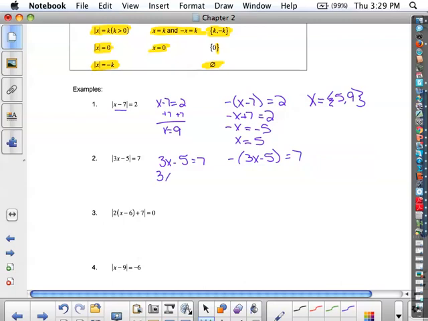So I get 3x is equal to 12, so x is equal to 4. Here I'm going to have minus 3x plus 5 is equal to 7. So negative 3x is equal to 2, so x is equal to negative 2/3. So the solution set is x is equal to negative 2/3 and 4.